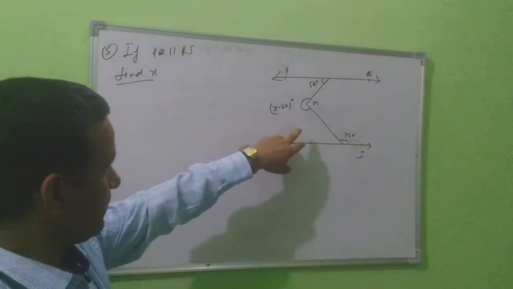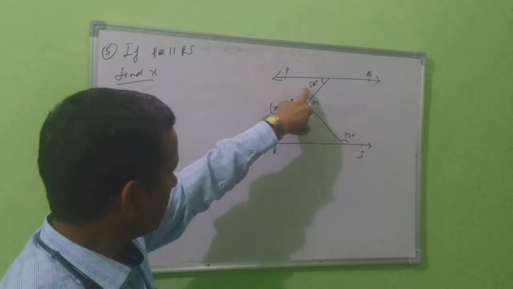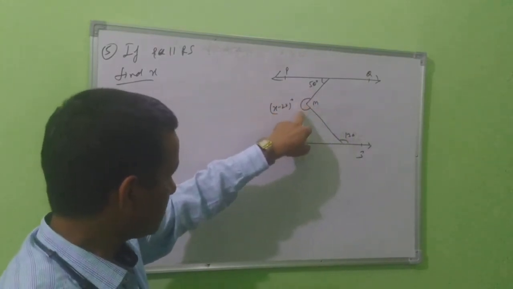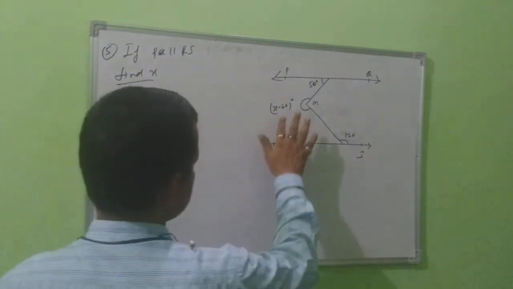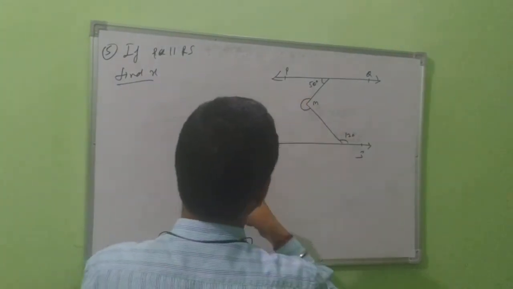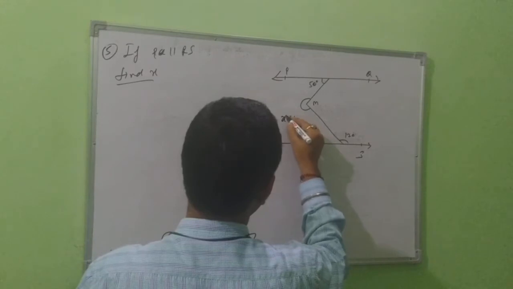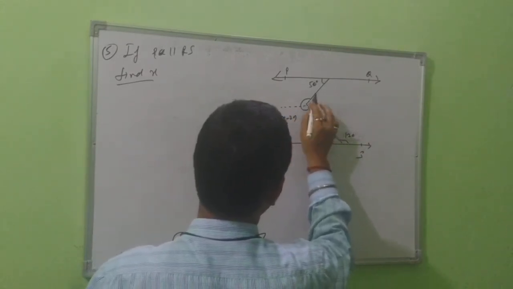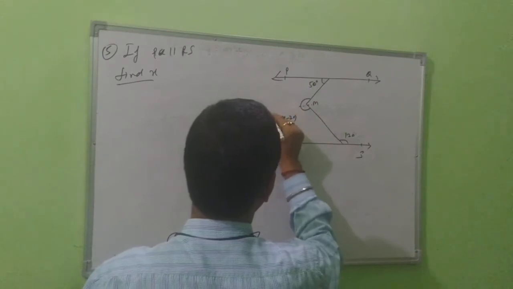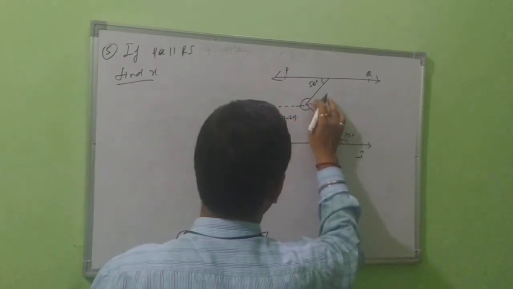Now look here. First of all, what is the relation of this angle and this angle? First of all, we will discuss this 120. The value of this angle is x minus 20 degrees. So suppose you draw one parallel line to this. This is the M point.